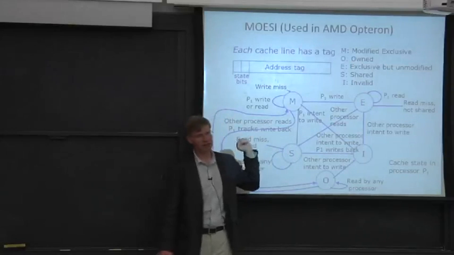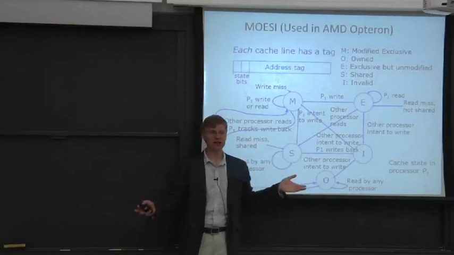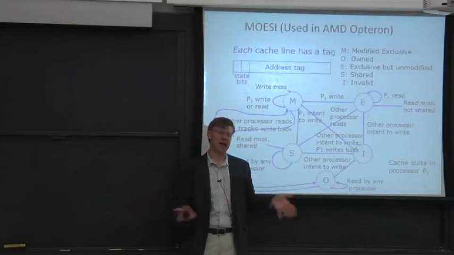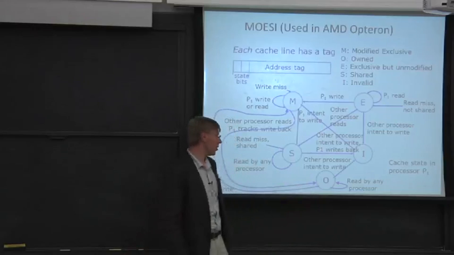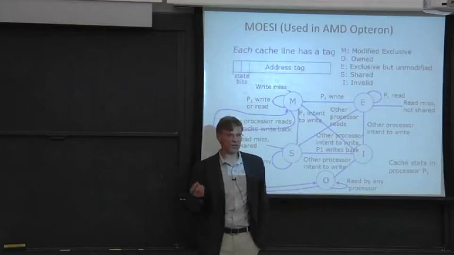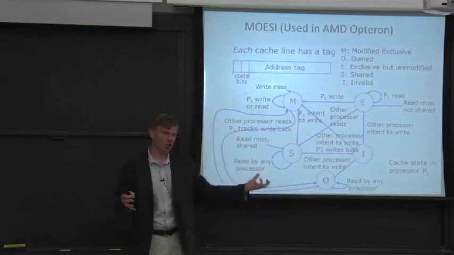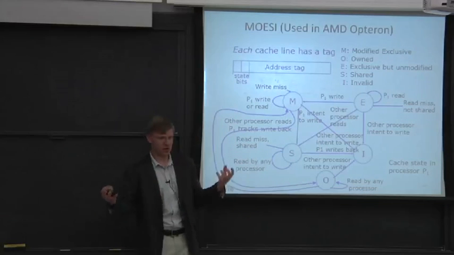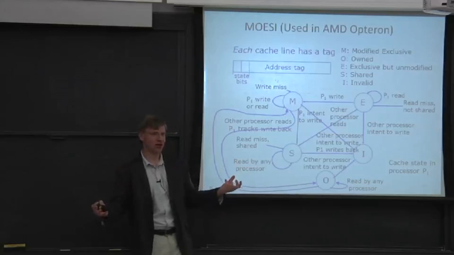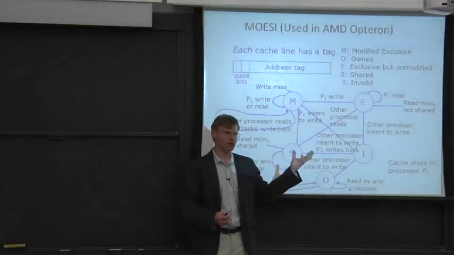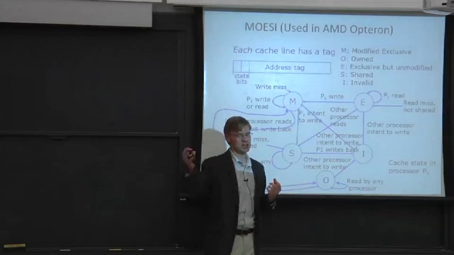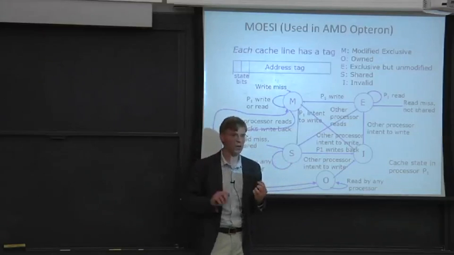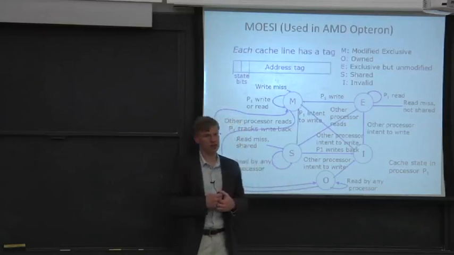So the processors which take it read-only get it into the shared state, and if they need to invalidate the line, they don't need to contact anybody. Because they had it in a shared state, they had a read-only copy, they don't need to make any bus transactions. So if you think about it, if you were to have one core read this dirty state from the other core, and then at some point it just invalidates it in the second core, if that data is not up to date as in main memory, you would lose the changes.